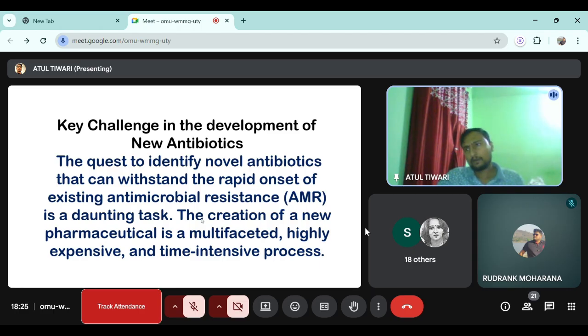Like that, for the development of a single antibiotic, either by discovery of new antibiotics by natural means, or now in the era of artificial intelligence, renowned groups of researchers across the world are discovering novel targets, screening different kinds of small and large molecules for the development of novel antibiotics, and also repurposing pre-existing drugs to create a hybrid antibiotic that can be useful to tackle the challenge of AMR.